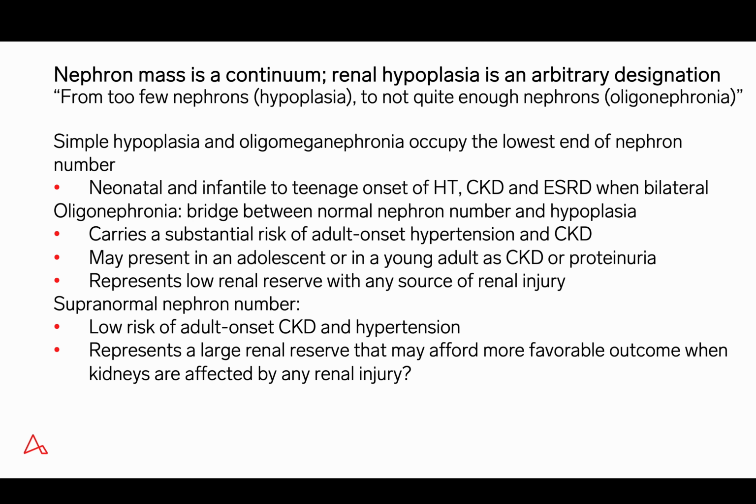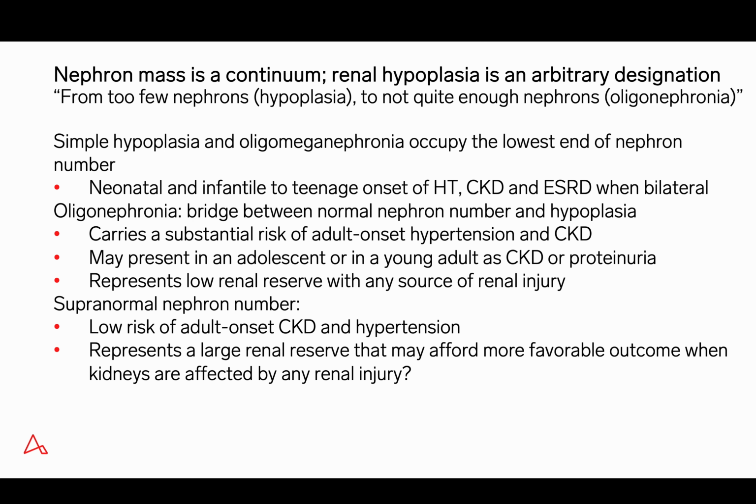Conversely, supranormal nephron number, in other words, nephron numbers that might be 1.5 or 2 million nephrons per kidney, these patients have a very low risk of adult onset CKD and hypertension, and they could represent a large renal reserve that may afford a more favorable outcome when kidneys are affected by any renal injury.